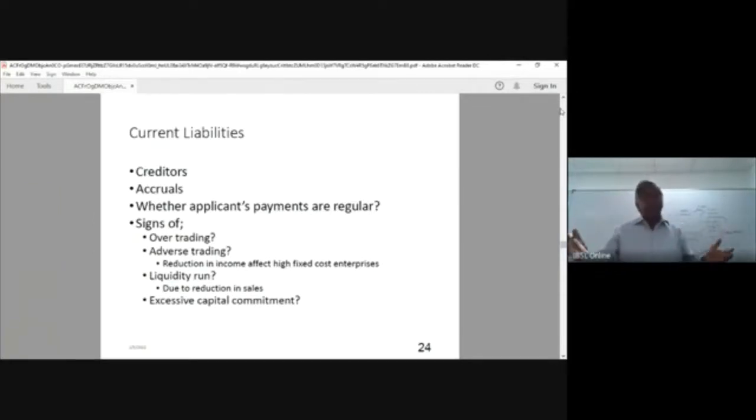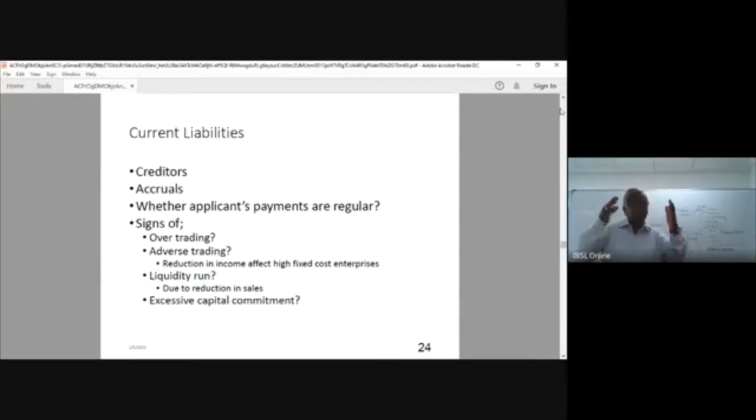So these are the problems. That problem is called overtrading. When overtrading is not managed or controlled, the company will get into a liquidity problem, short of cash. This overtrading will lead to a liquidity problem. When the liquidity crisis comes, as I have already mentioned, the company may collapse in a short term if it is not corrected.